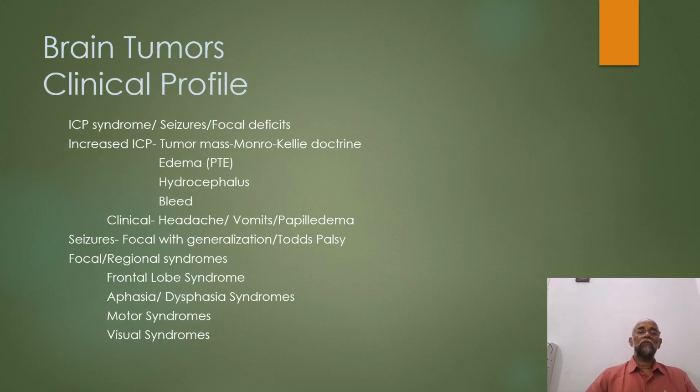Initially, brain tumors can present with increased intracranial pressure. They can produce seizures or they can produce focal deficits. Increased intracranial pressure occurs because of the Monro-Kellie doctrine, which states that the cranium in an adult is a fixed volume cavity.